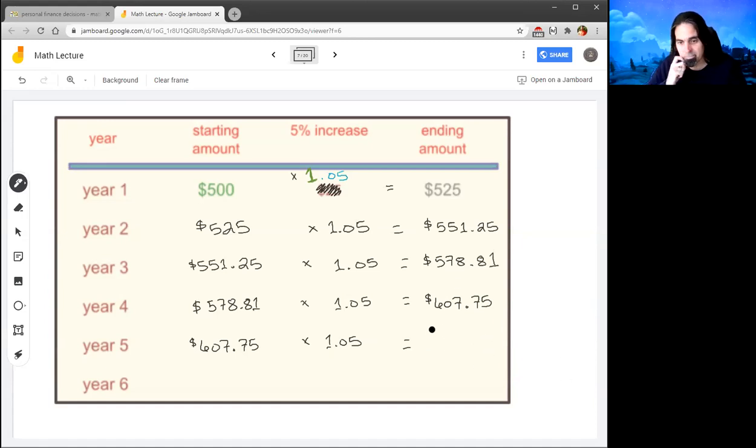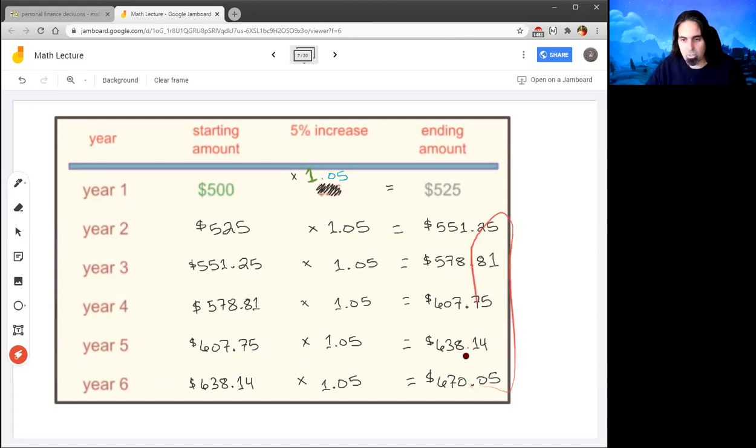Then $638.14. And 670.05. Yours might be a few cents different because I am not actually rounding on my calculator with each step, just because I'm lazy and don't want to hit more keys.